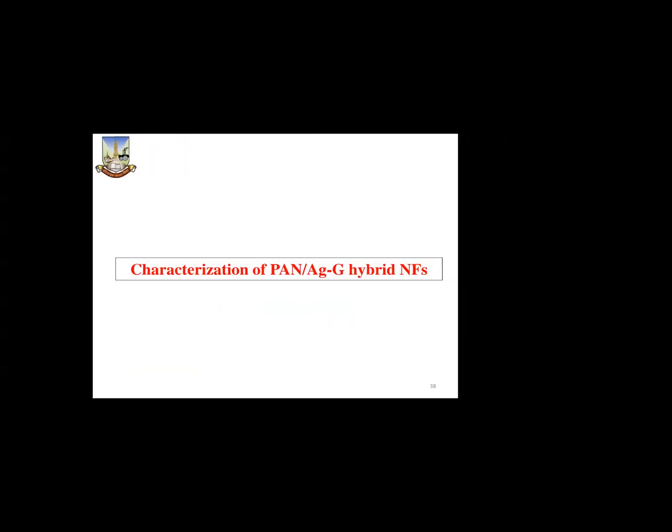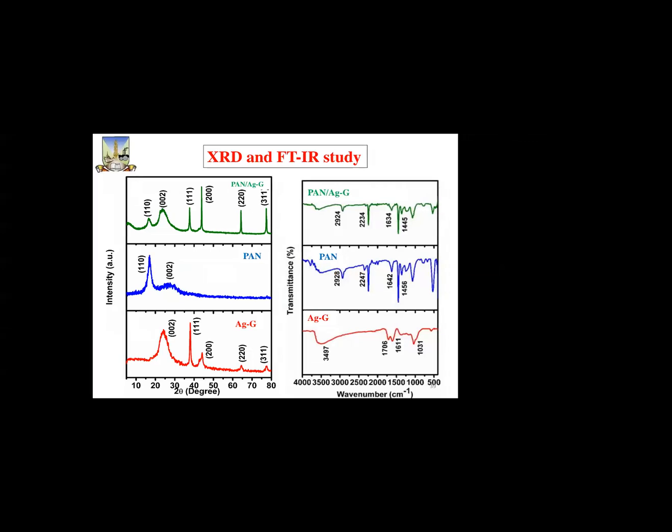Now, characterization of PAN AGG hybrid nanofibers. This is the XRD and FTIR we have done. Silver graphite nanoparticle shows these crystal planes. PAN shows 2 crystal planes, and upon decoration of silver graphite over the PAN nanofiber, there is a combination of both crystal planes.